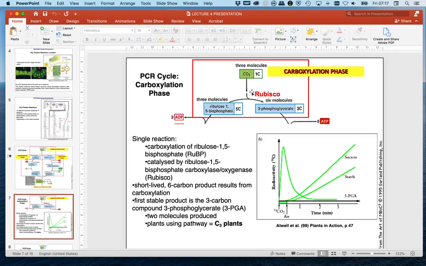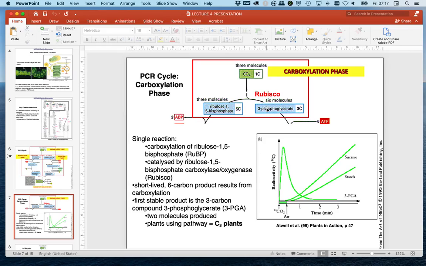So Rubisco, as shown in the diagram, attaches CO2, atmospheric CO2, to RUBP, ribulose 1,5-bisphosphate. The resulting product is a very short-lived 6-carbon compound that is immediately processed into two 3-carbon compounds.